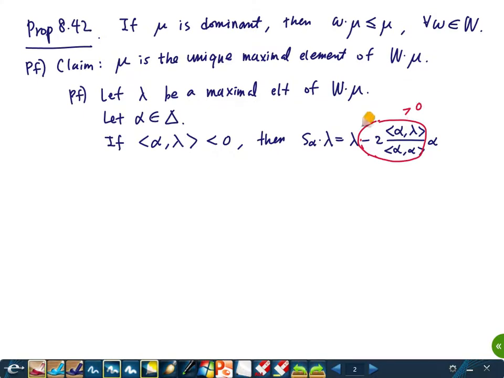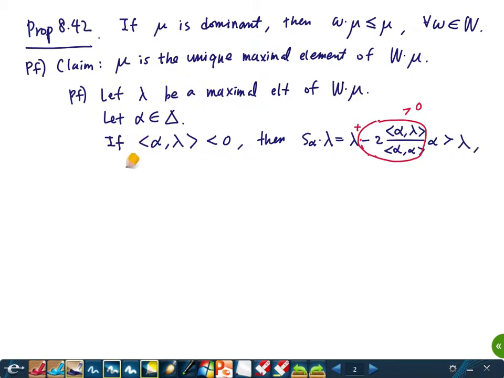So it is lambda plus something positive times alpha, which by definition is strictly greater than lambda, because we add a positive number times a simple root. But then this is a contradiction to the assumption that lambda is a maximal element.